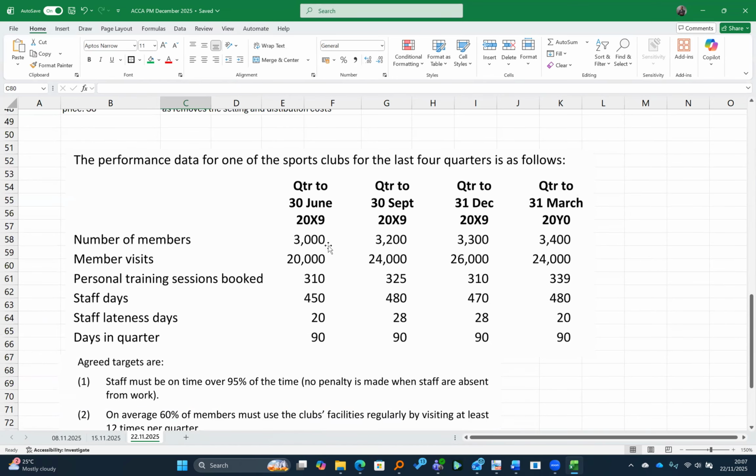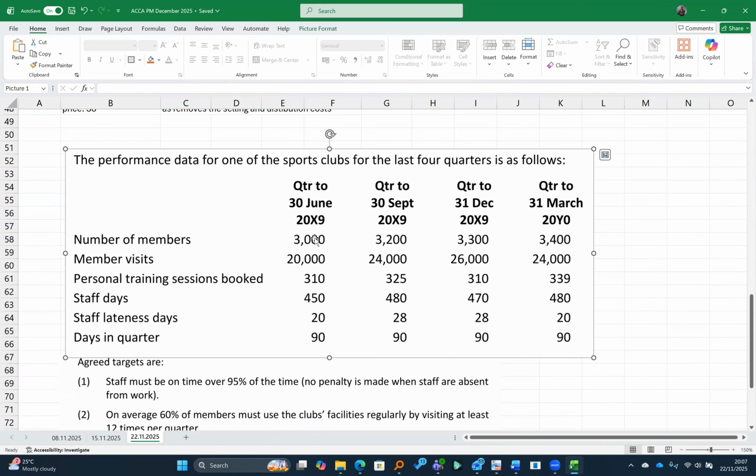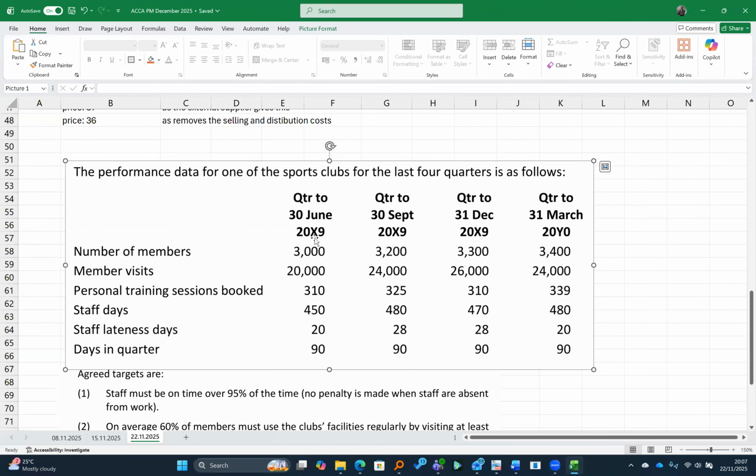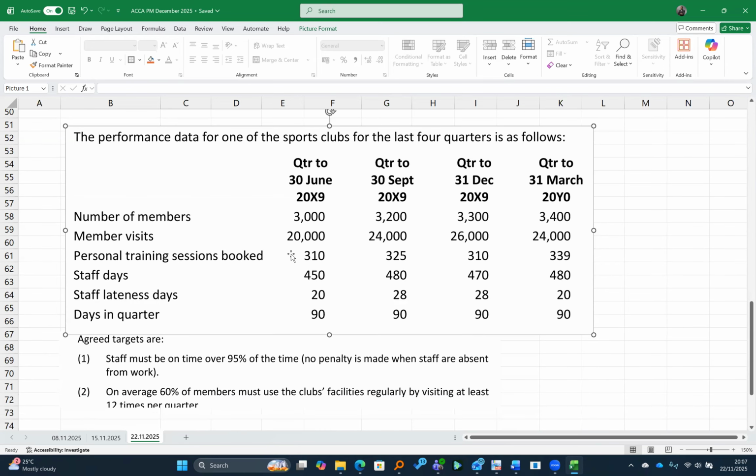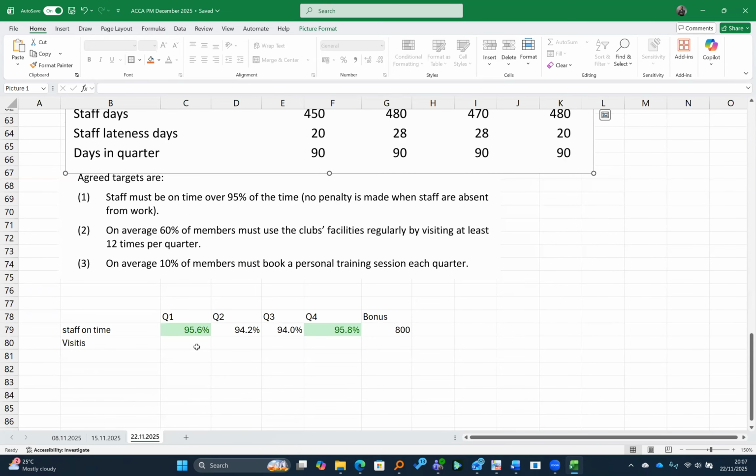Now, if these are 3,000 people, and these 3,000 people visited 20,000 times, so we just need to know how many visits per person. Okay, so you can try to divide this.